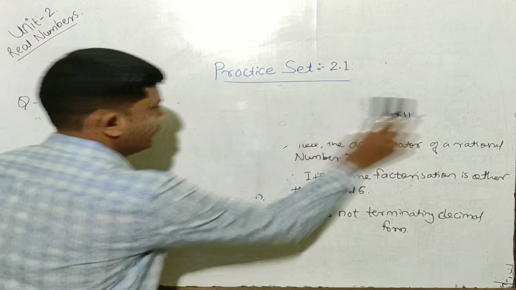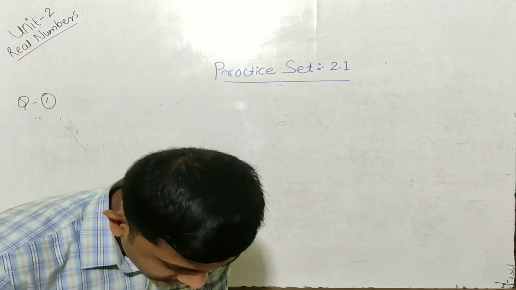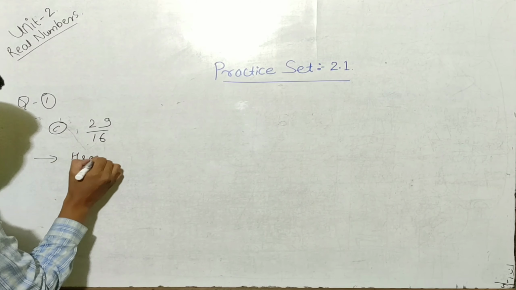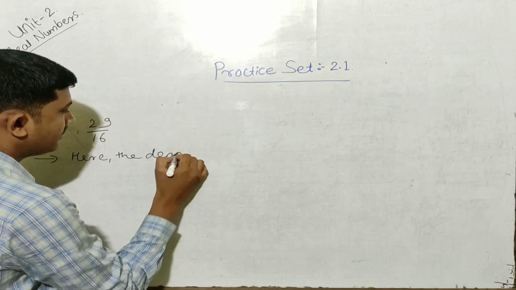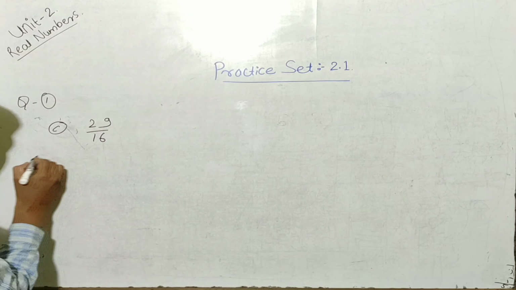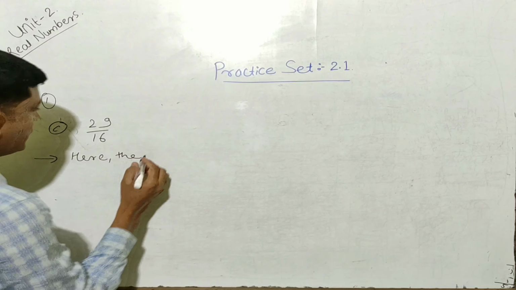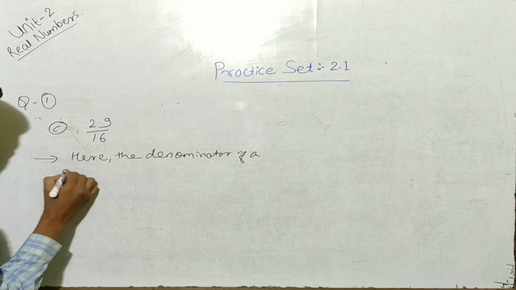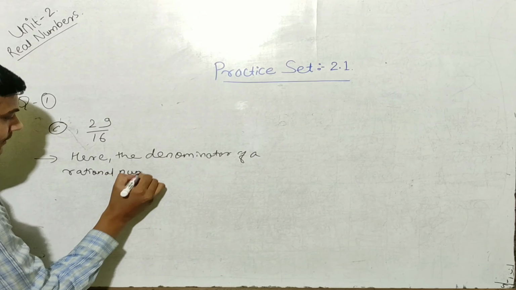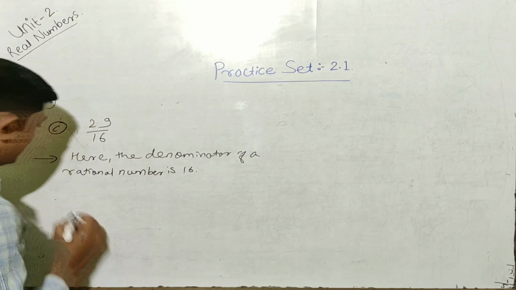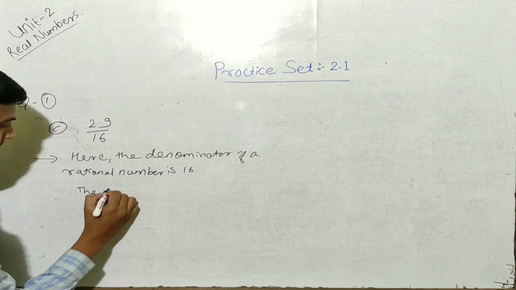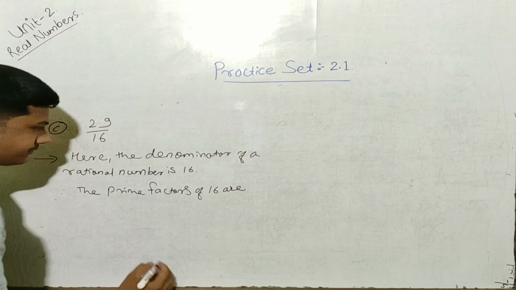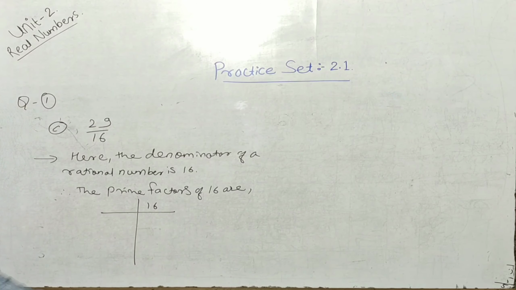Next, the third one is 29 upon 16. Here the denominator of the rational number is 16. We have to find the prime factors of 16.